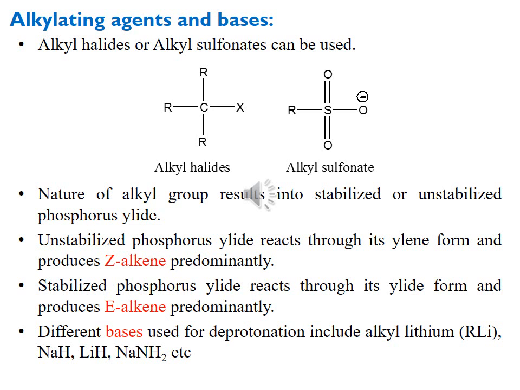The different bases used to produce phosphorus ylide from phosphonium salt are alkyl lithium most of the time, and in addition to it, there are some other examples like sodium hydride, lithium hydride, sodium amide, etc., which can also be used as a base to deprotonate the phosphonium salt to convert it into ylene form, or to convert it into phosphorus ylide.